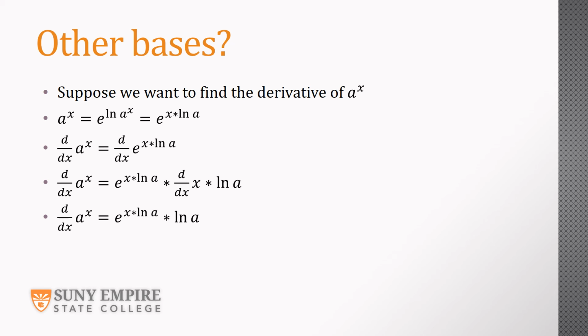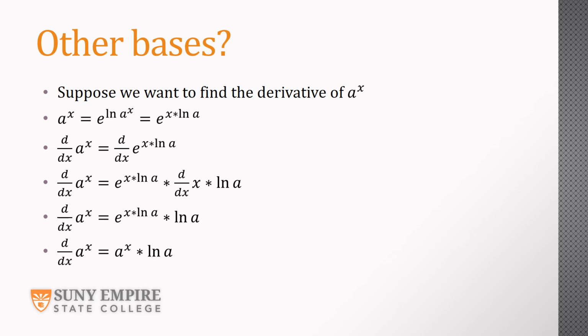But the natural logarithm of a is just a constant. So the derivative with respect to x of x multiplied by the natural logarithm of a is just the natural logarithm of a. We have the derivative with respect to x of a raised to the power x is e to the power of x multiplied by the natural log of a, multiplied by the natural logarithm of a.